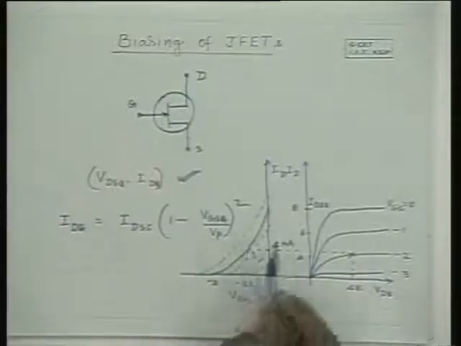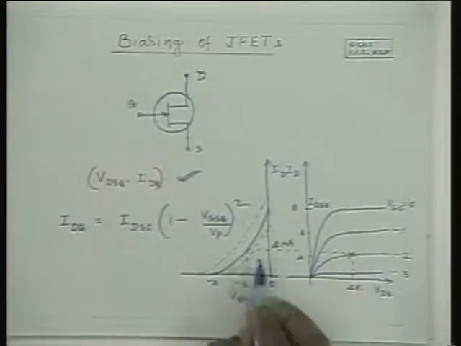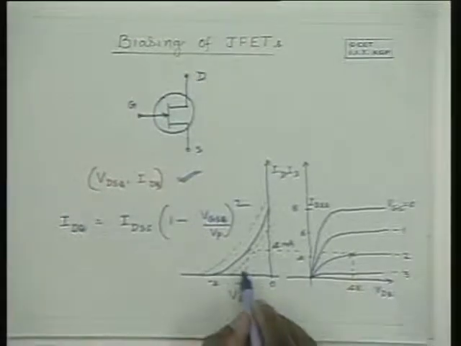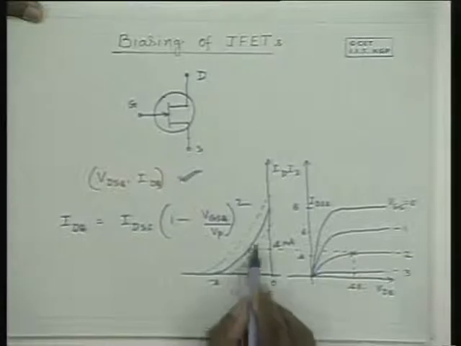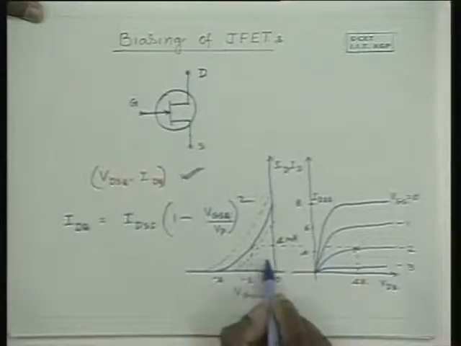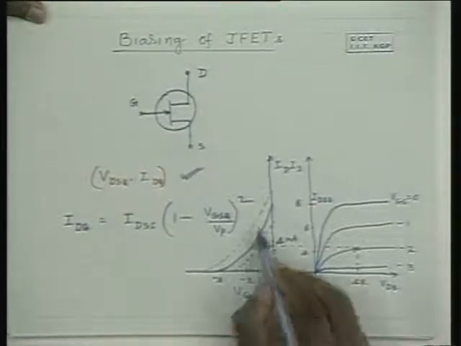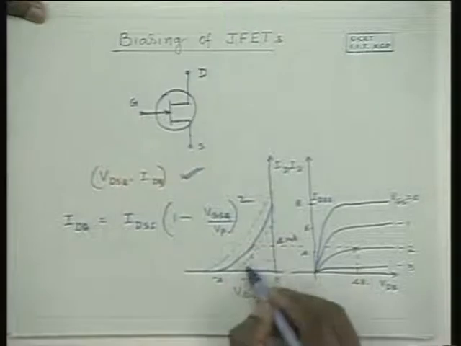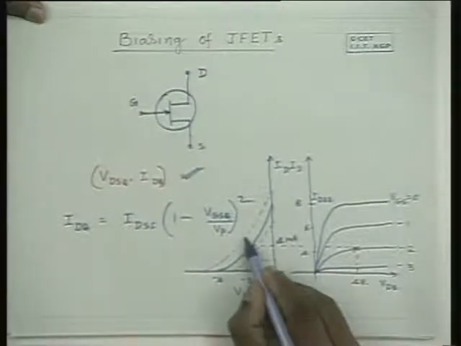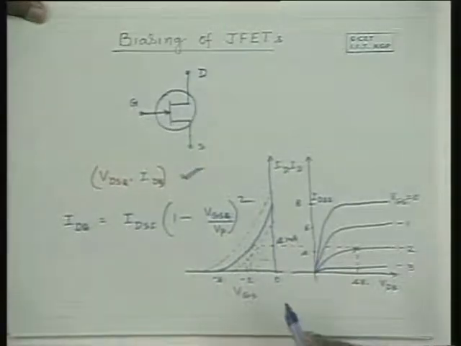I repeat it. If we use say minus 2 volts as VGS, and if this is the characteristics applicable, you will find that the drain current is of the order of 2 milliamperes. Now if this happens to be the device, you will find that the drain current is say 5 milliamperes.